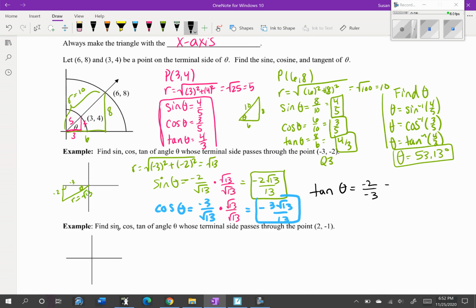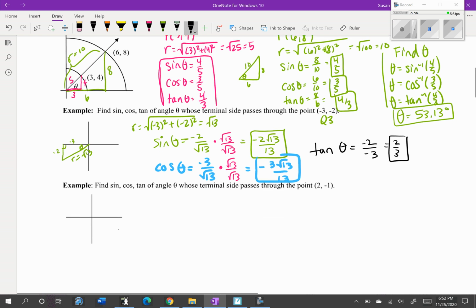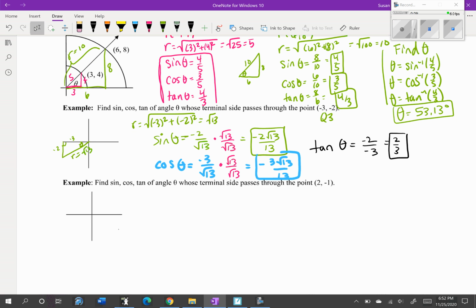So that just gives us 2/3. So those are the trig ratios for sine, cosine, and tangent of the angle theta whose terminal side passes through the point -3, -2. So why don't you go ahead and do the next one on your own, and when you're done, you can pause to check your work.